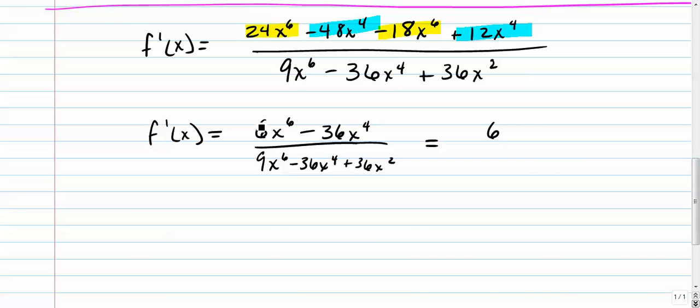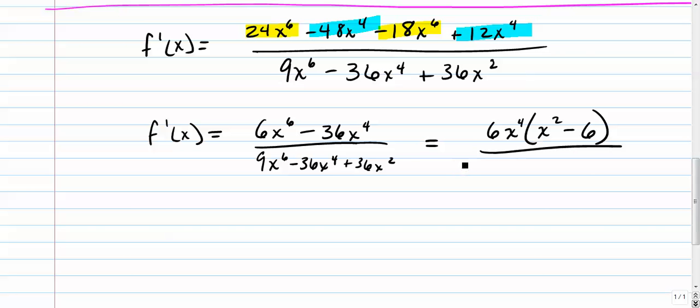They both have x's, and we always take the lowest of the two exponents. So the greatest common factor here in the numerator is 6x to the 4th. When we divide that out, we get x squared minus 6.